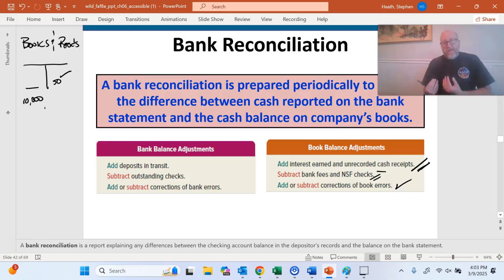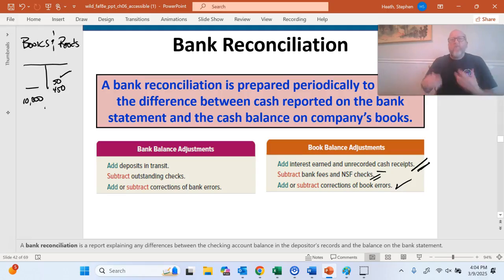So the bank deducted 500, but we only deducted 50 from our books and records. That's an error in our records, and therefore we need to subtract more. We need to subtract another 450 from our books and records.